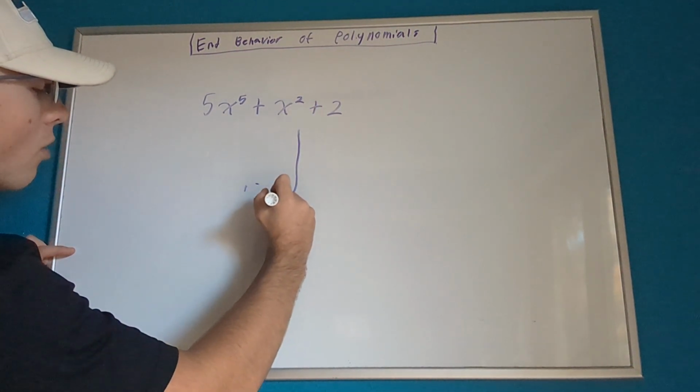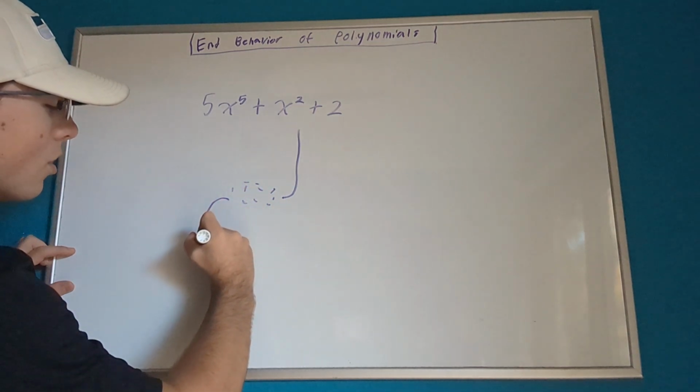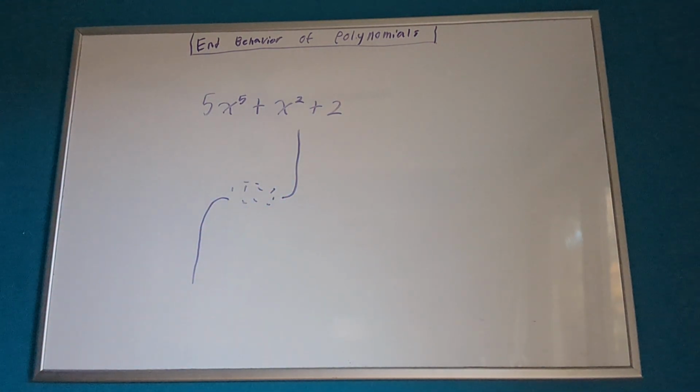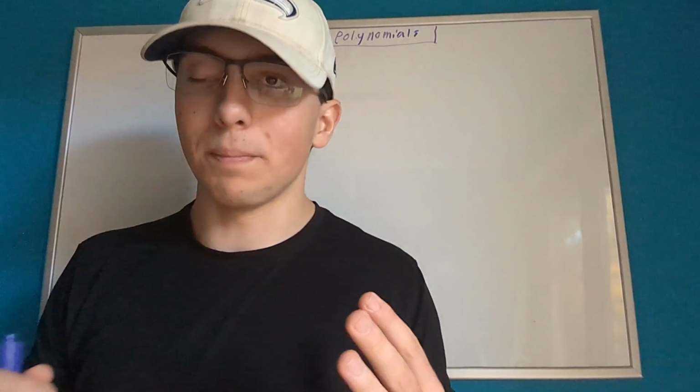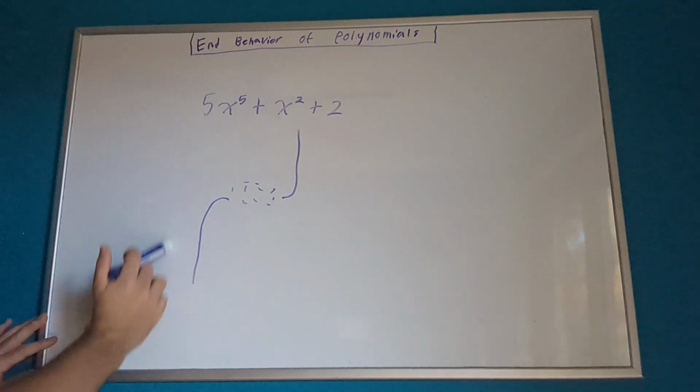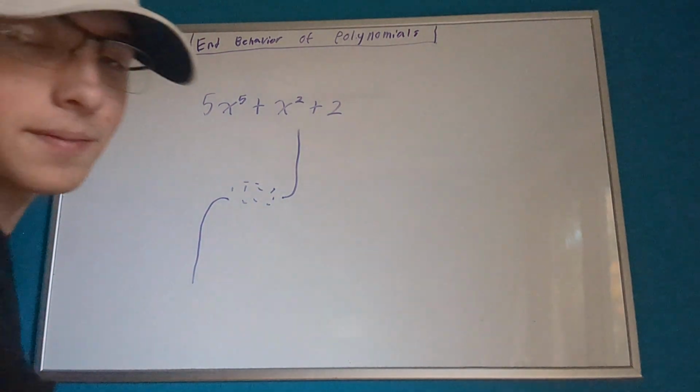In here we'll have some variation, but it will look something like that every single time. So as x approaches positive infinity, the end behavior will be positive infinity, and as x approaches negative infinity, the end behavior will be negative infinity.